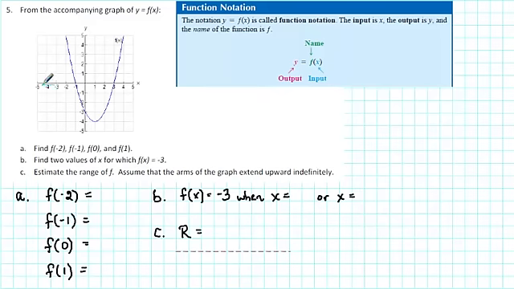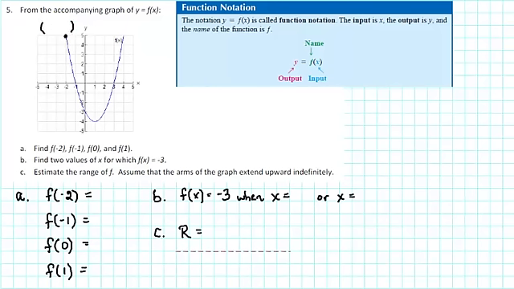So on our graph, the first thing that we'll do is locate the input axis, which is our x-axis, and we'll find the numbers negative 2, negative 1, 0, and 1. So first of all, we'll find negative 2, and we'll go vertically up until we intersect the graph of the function, and we're going to label that point. It has an x and a y coordinate.